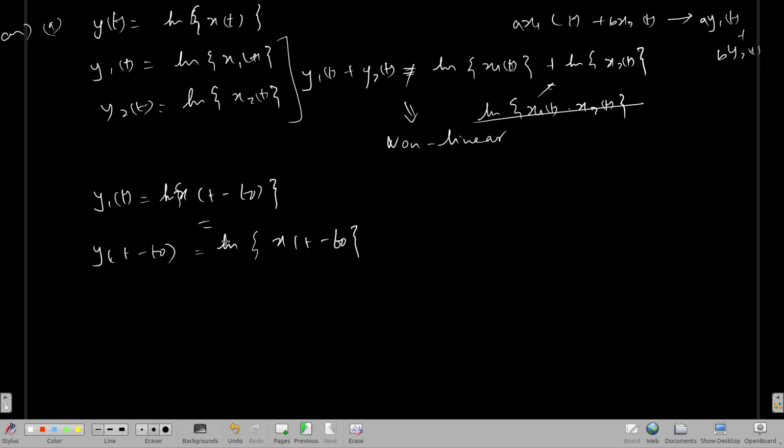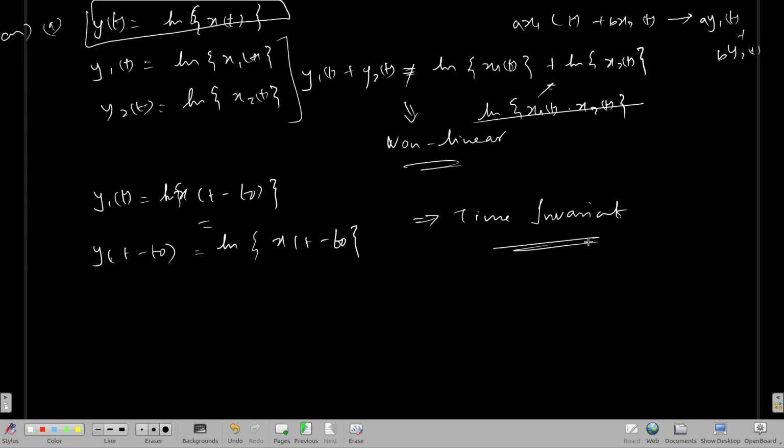Both of these are the same, therefore this is time invariant. So this particular system is non-linear but also time invariant.